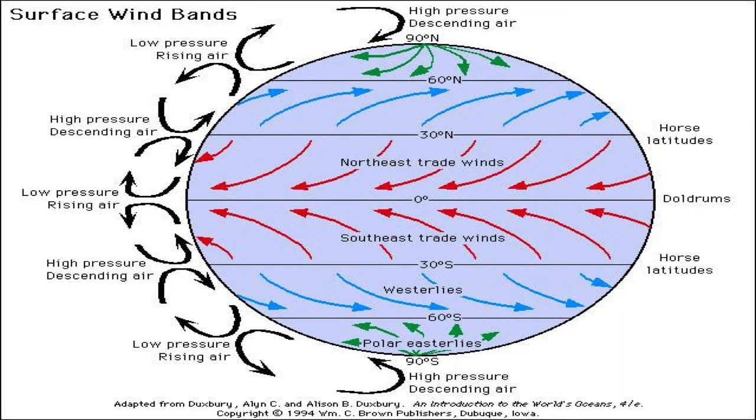This causes the pressure gradient to take over, and because of that, the angle across the isobars becomes toward the low pressure. So you head that way. You can kind of see that with the northeast and southeast trade winds.